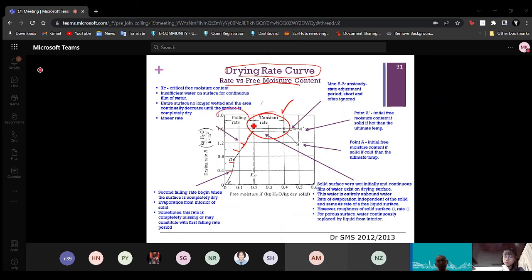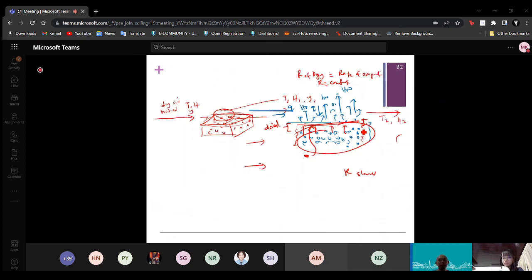Okay, and then the mechanism involved here in the falling rate, how the water moves out, currently they have two mechanisms associated with the movement of water to the surface. One is basically through the diffusion mechanism.